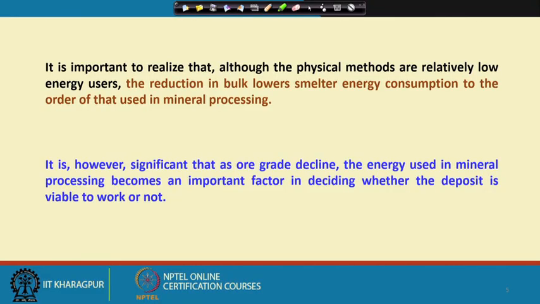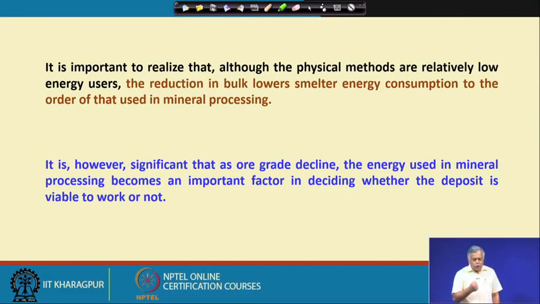So, this is another importance of mineral processing. Now, we will also look at that although the physical methods are relatively low energy use, the reduction in bulk lowers smelter energy consumption to the order of that used in mineral processing. So, we have to do an energy balance.